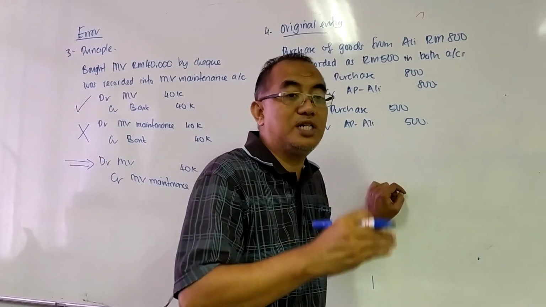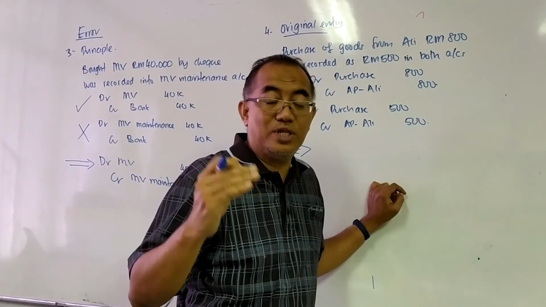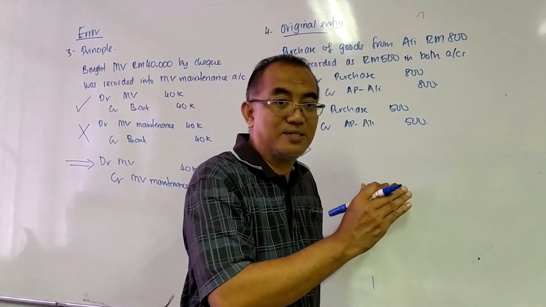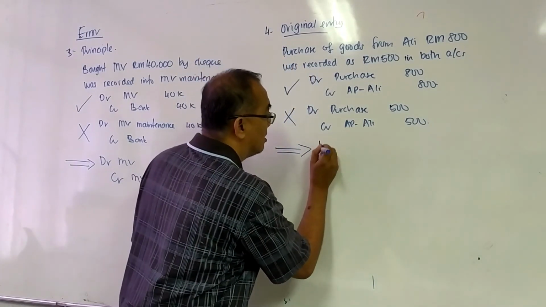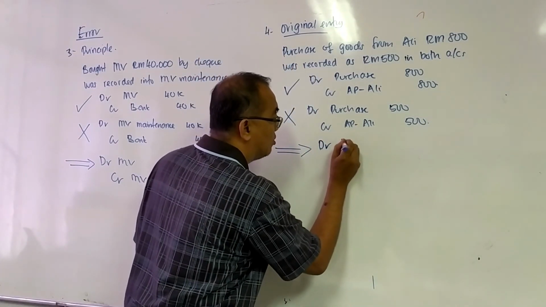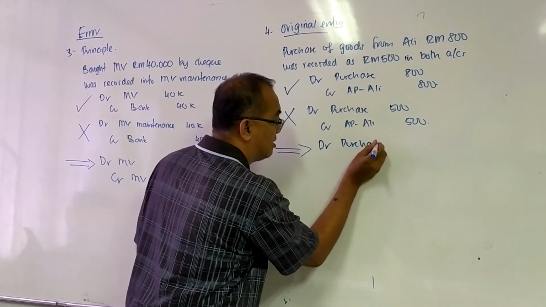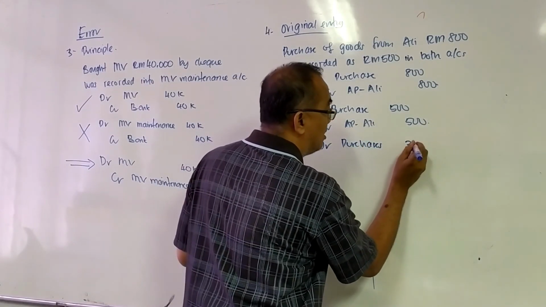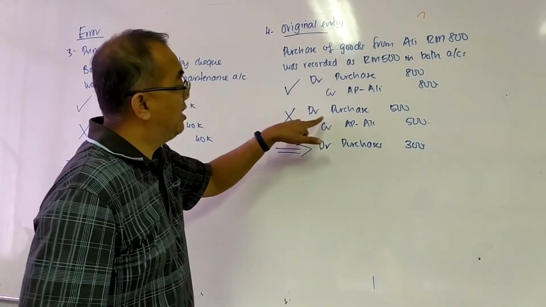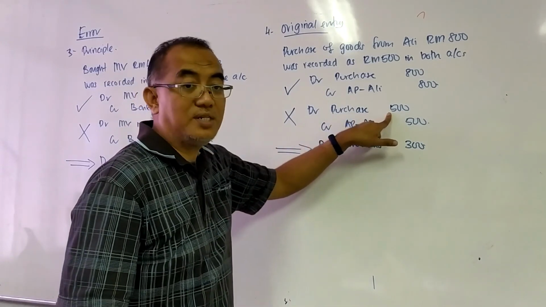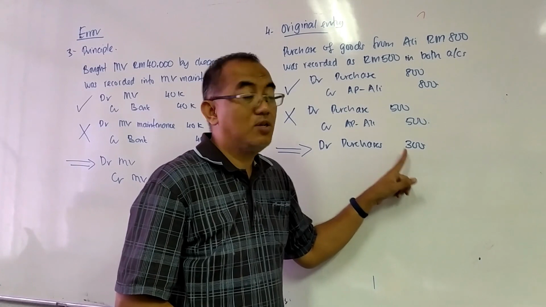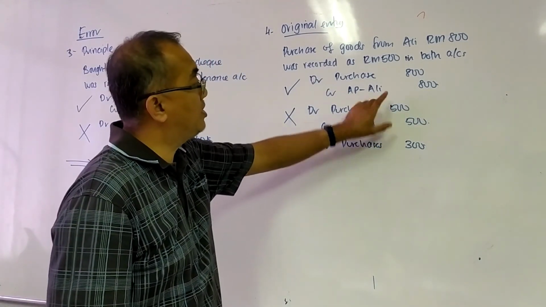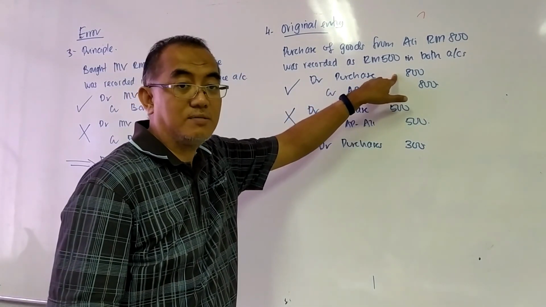If you want to increase purchase, you go to the debit side also. So you debit your purchases 300. Because debit 500 is the wrong one, but you add another purchases of 300, so now your total purchase will be 800.